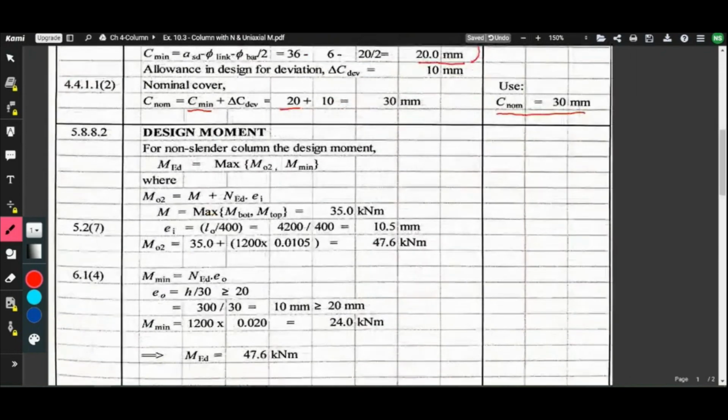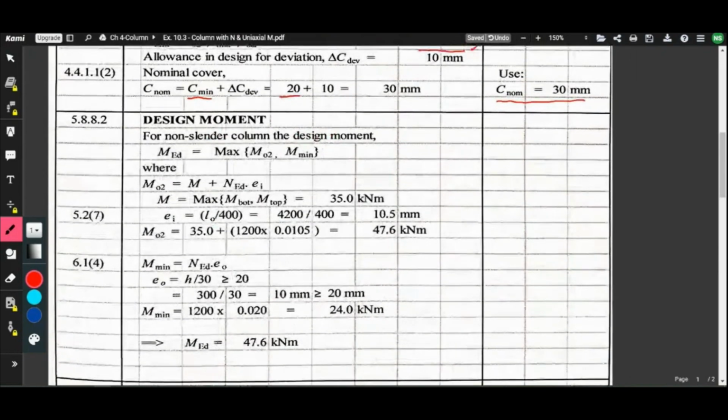All right, next is to calculate the design moment.